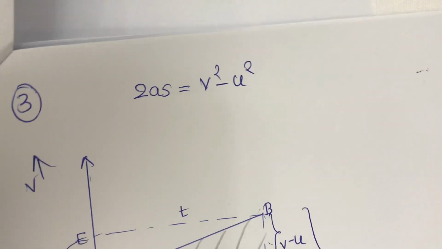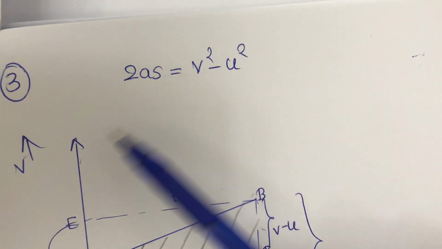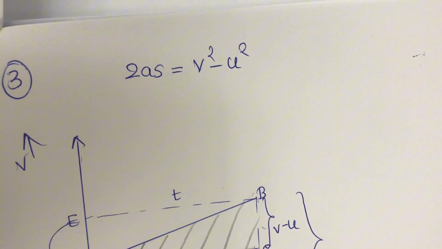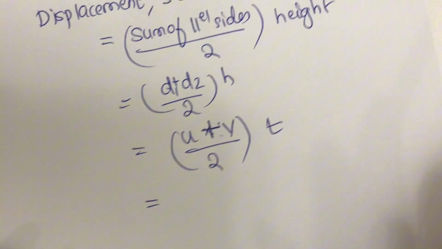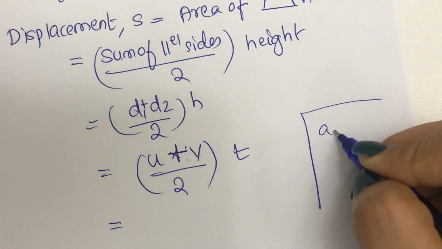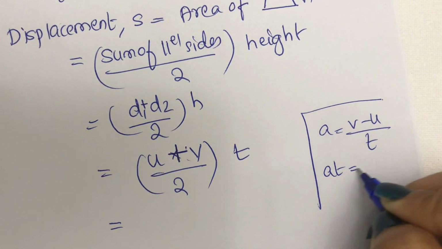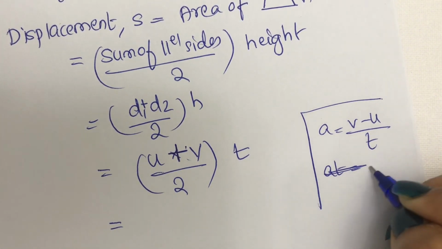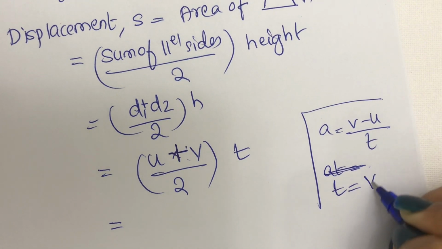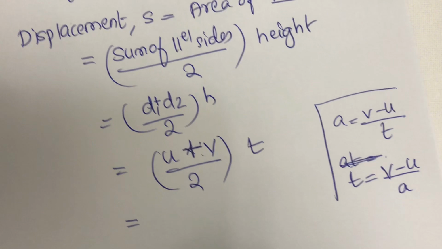So see our equation. Equation is 2as equals v square minus u square. Here t is not there, right? So t we have to substitute. So what is t? Similarly, using the acceleration, we can find a is equal to (v minus u) by t. So at is equal to v minus u, so t is (v minus u) by a. So we have to substitute here.